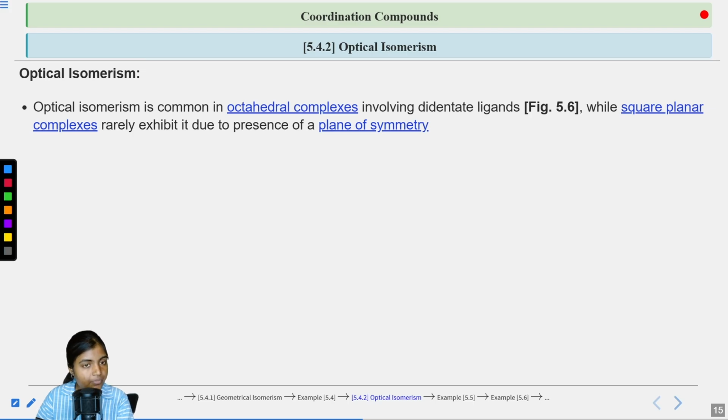So optical isomerism is commonly observed in octahedral complexes, in which the central metal is bonded to six ligands. It can also involve bidentate ligands. Bidentate means two donor atoms are present in the same ligand, like ethylenediamine, which we are going to see in figure 5.6.